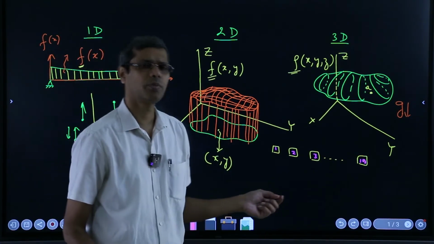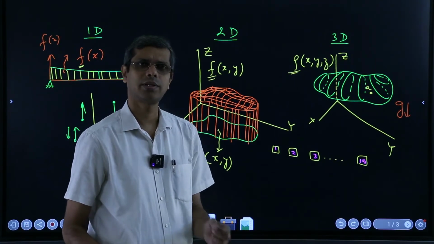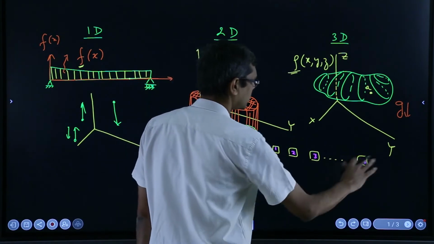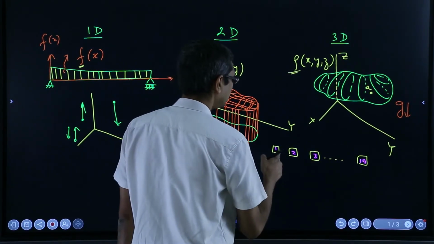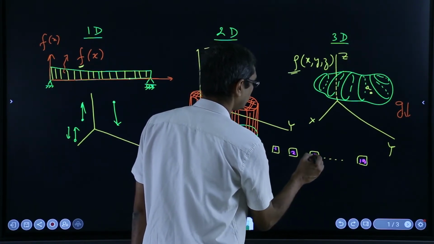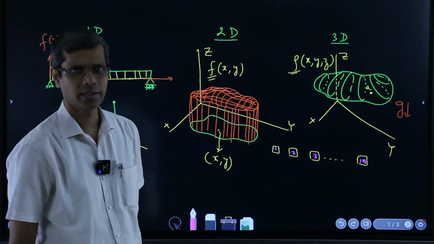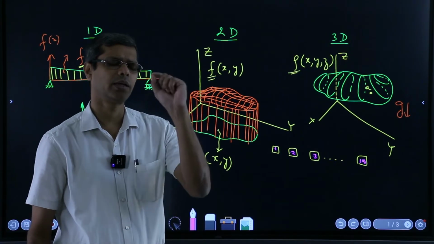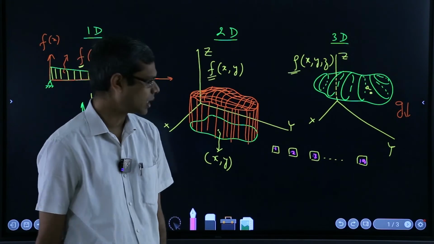If I ask you what is the probability of picking, say, number 60, you will tell that the probability is 1 over 100. But now suppose you make the number of chits 1000, and instead of 1, 2, 3 you write 0.1, 0.2, 0.3 up to 100. Now you have 1000 chits, right? And if I ask you what's the probability of picking number 60, you will say 1 over 1000.